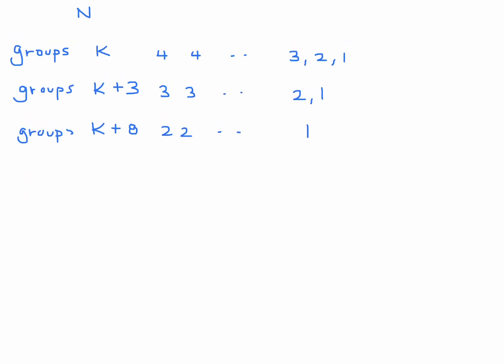In the first scenario there, where you have groups of 2, if you take the total number of students and divide by 2, it will give you k plus 8 with a remainder of 1.